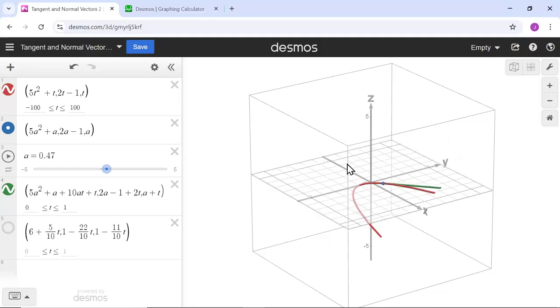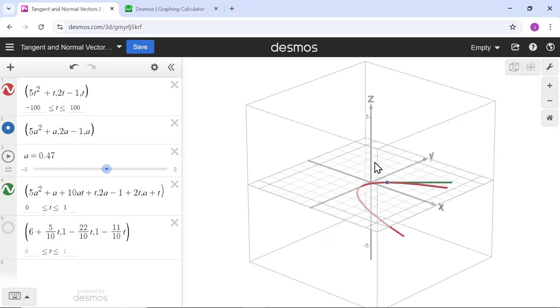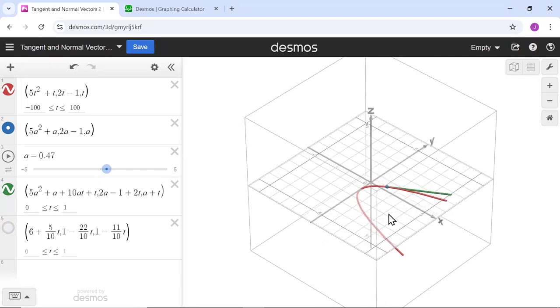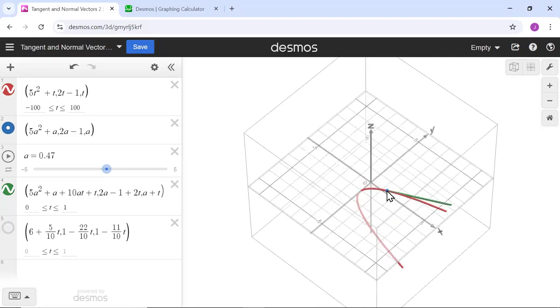Now we're going to visualize this one as well. This one, when I created the tangent vector, I didn't make it length 1, just so that it sticks out more and it's easier to see. If you make it length 1, it's pretty short. So this is the tangent vector, but it's going to be a longer length there.